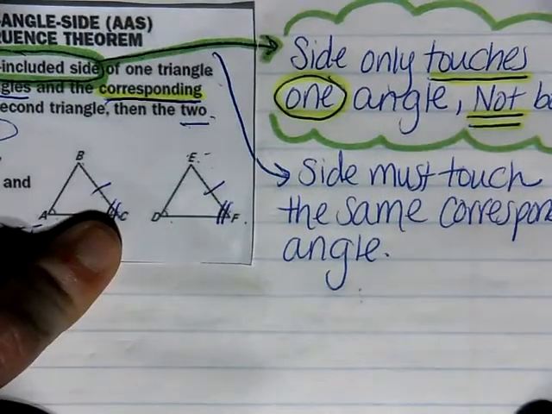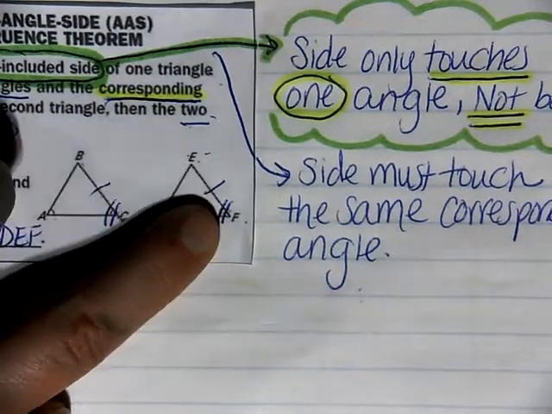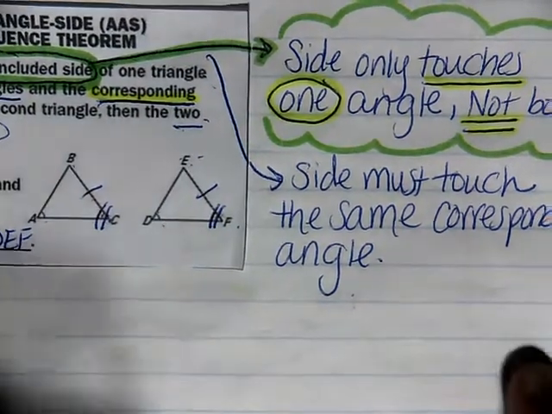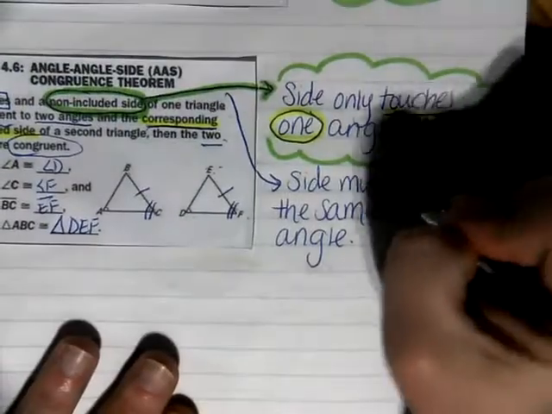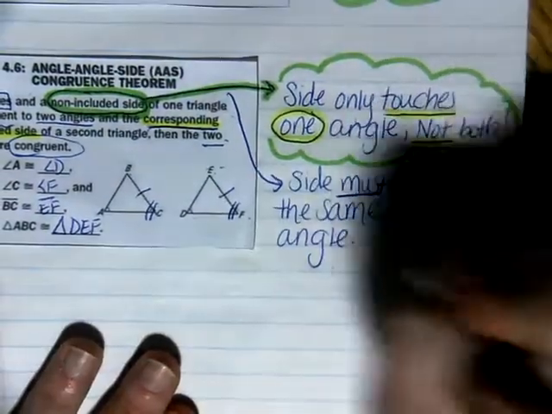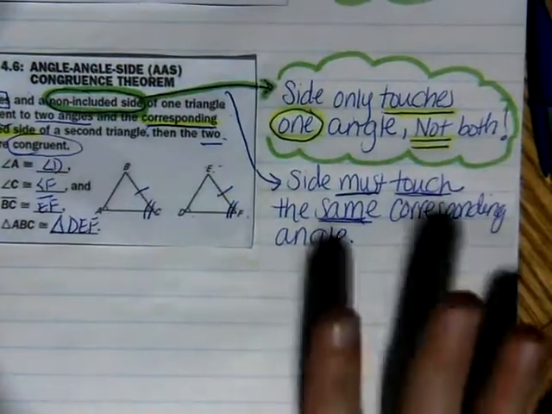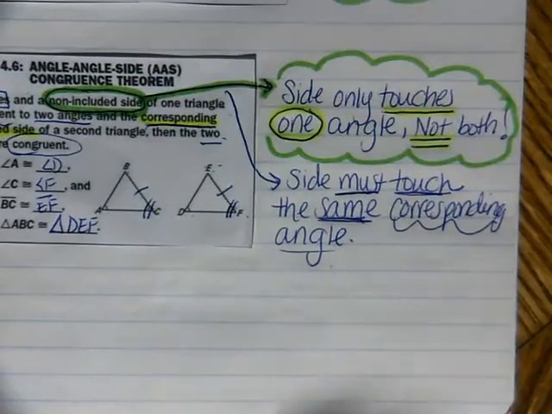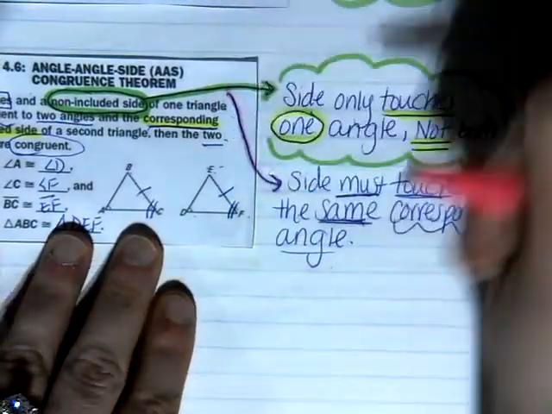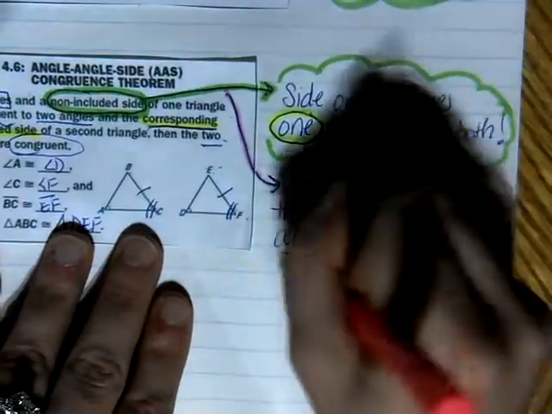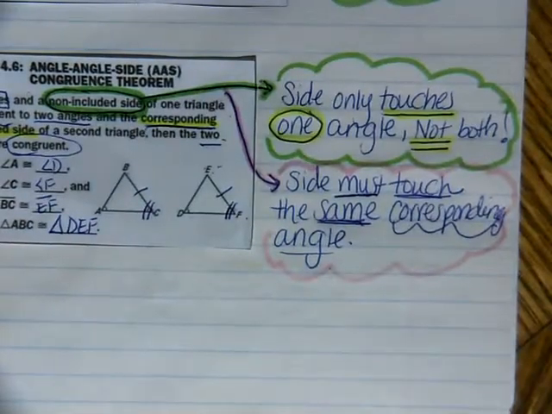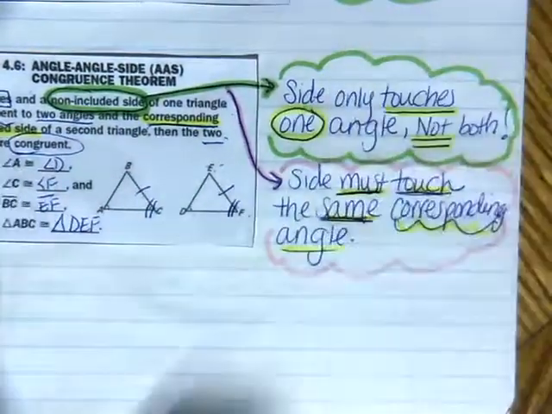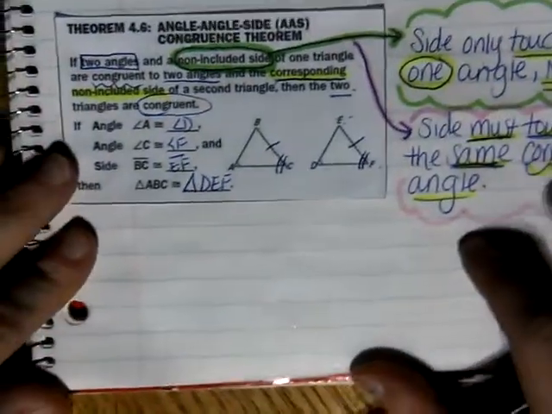Like this side touches the angle with two arc marks, and this side matches the angle with two arc marks, in order for both triangles to be congruent. So that's the thing I really want you to pay attention to: that side must touch the same corresponding angle. And that is angle, angle, side. And that's what we use in our shortcuts.